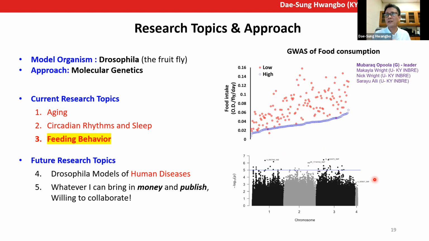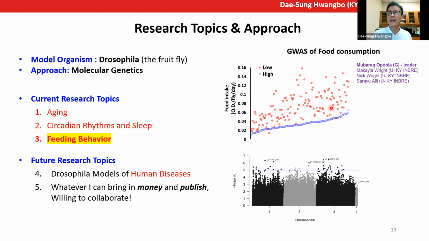I'm also interested in doing genetics of food consumption. So we're using GWAS, genome-wide association study. We have a wild type population from outbred flies, but inbred for many years, and each line is fully inbred and has reached homozygosity, meaning that there's no variation, so they are genetically identical to each other.